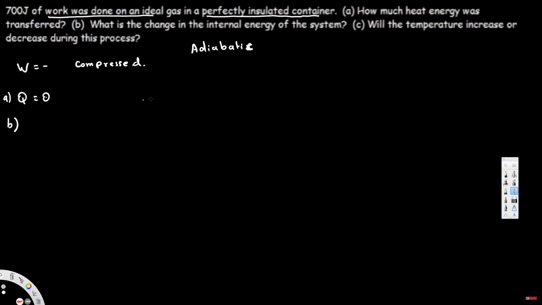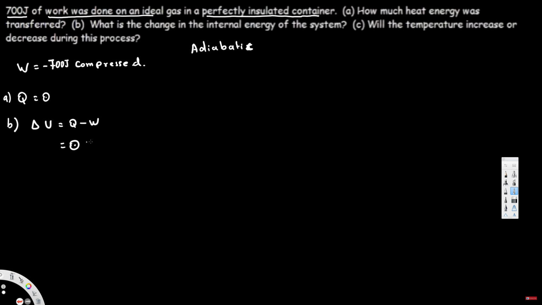The B part is asking what is the change in internal energy of the system. Internal energy is given by this equation: delta U is equal to Q minus W. Since we know that Q is 0, it's 0 minus W. And work is negative, and they have already given the value of the work, that is 700, so this is negative 700.